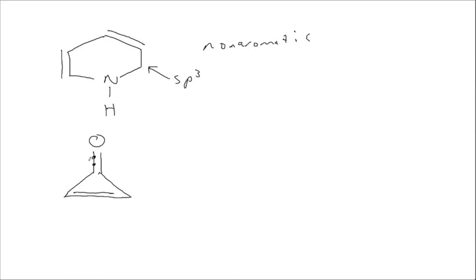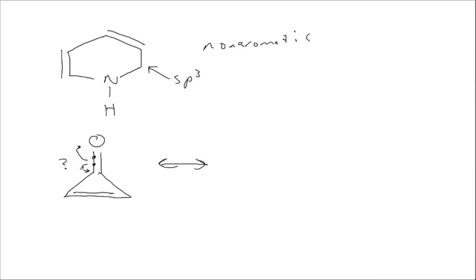The way to work it out is to draw the other resonance structure. Well, which way would the electrons prefer to move? Towards the oxygen or towards the carbon in the resonance? Which is the more significant resonance structure? The one where the electrons move towards the oxygen, or is it more significant where the electrons move towards the carbon?